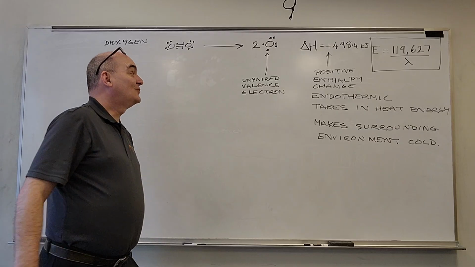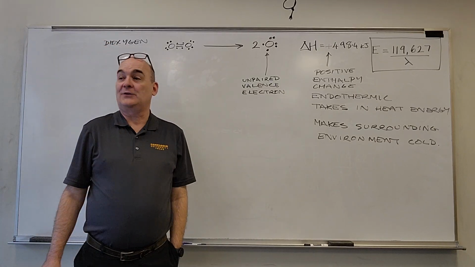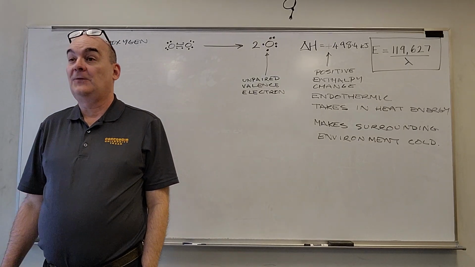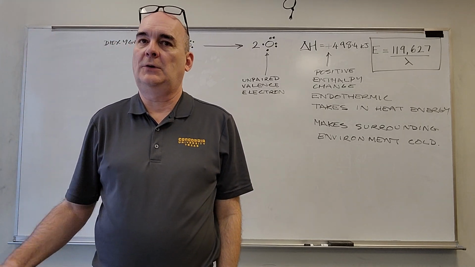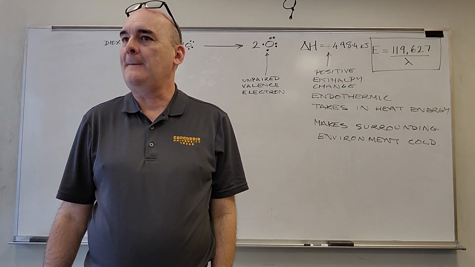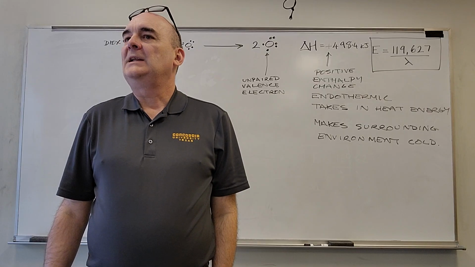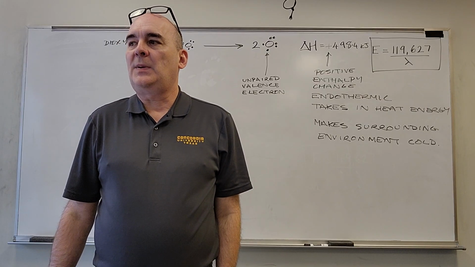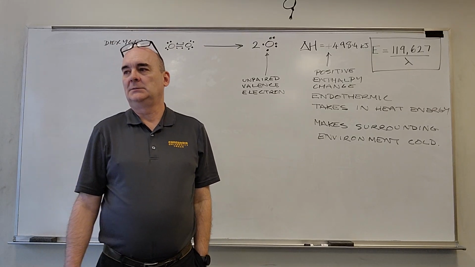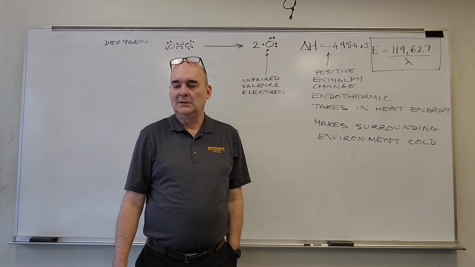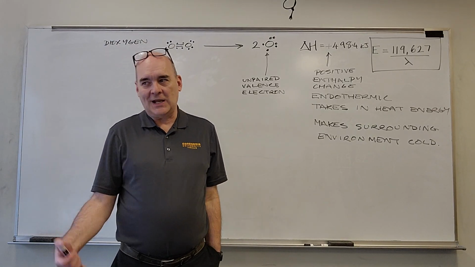So oxygen has 2 unpaired valence electrons and 4 electrons in what we call non-bonding pairs, or lone pairs of electrons. It's only the unpaired electrons that are available for covalent bonding. That's a lie, but it's a textbook lie.